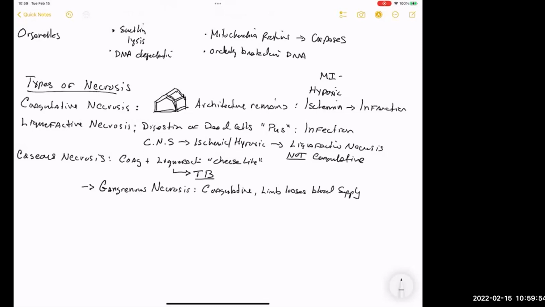So essentially what you get is coagulation of large tissue planes. So you have it occurring in the muscle, the nervous tissue to some extent, the subcutaneous tissue, and so on and so forth, right? Is what we call gangrene.